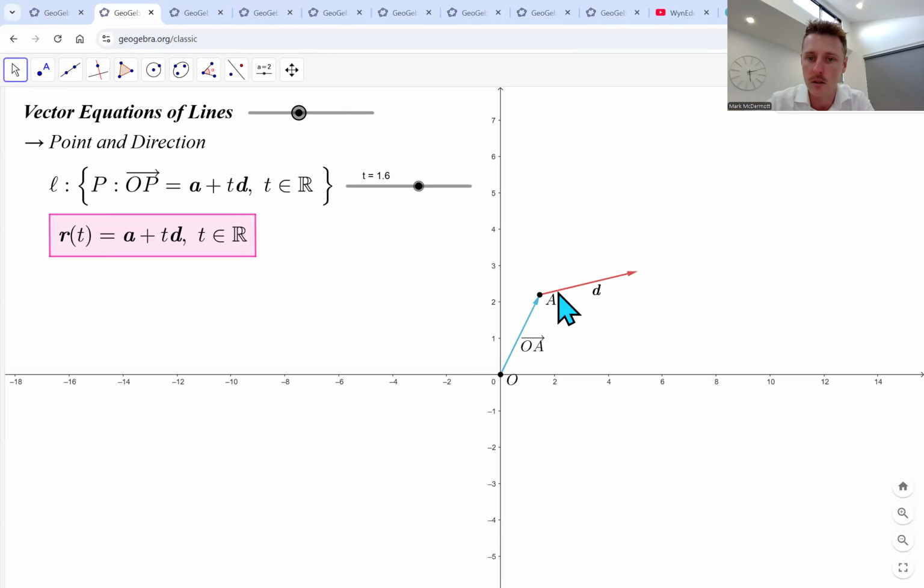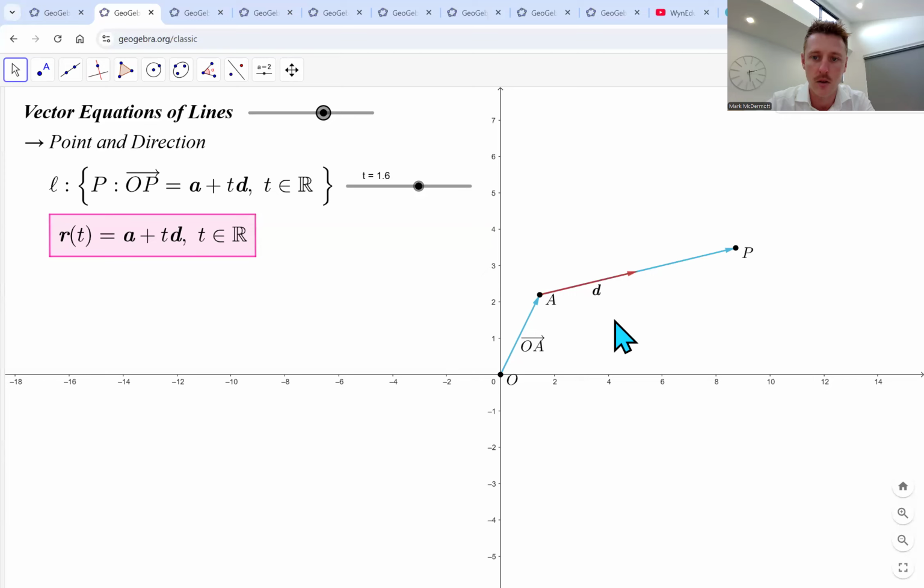In this case, just for an example, this red vector is the direction we're moving. And then we can have multiples of that, right? So the actual point P is over here. If we take vector a plus some multiple of d, we scale this direction vector d up, it gets us to this point P.